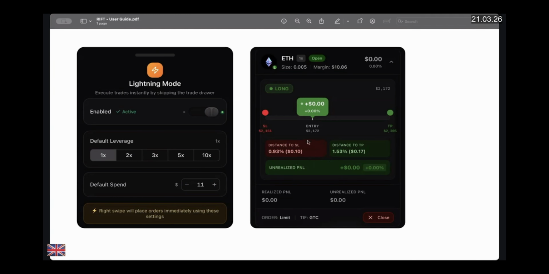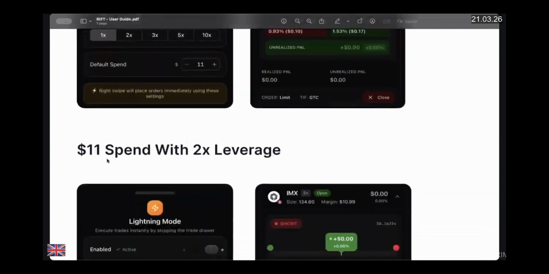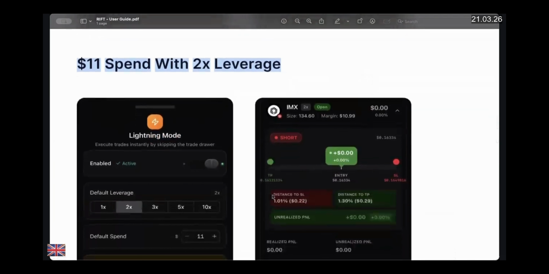So, let's go to the leverage expansion. If you are spending $11 with 2x leverage, at this time the distance to stop loss increases and the distance to take profit also increases a little bit, because you have now borrowed two times the leverage of your spend value. That means you're placing a trade for $22 now, because your default spend is $11 and you are at 2x leverage.